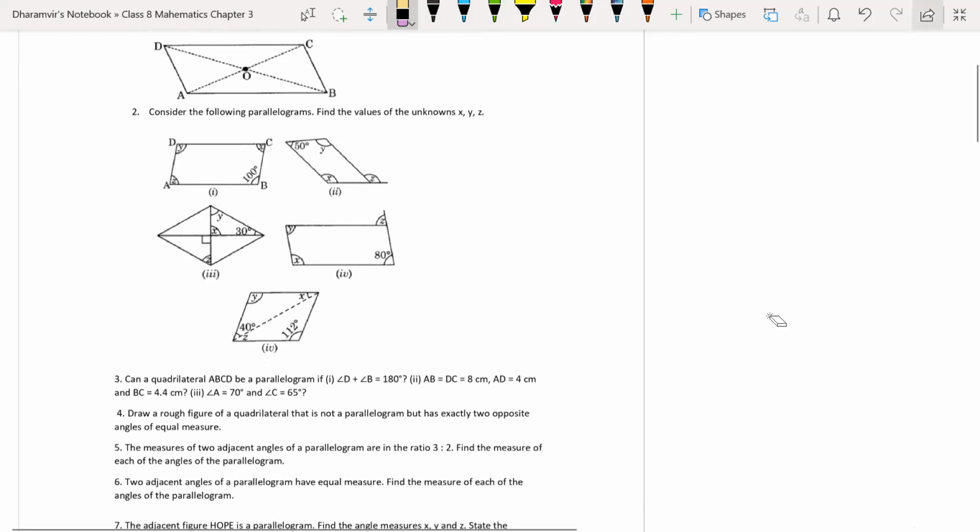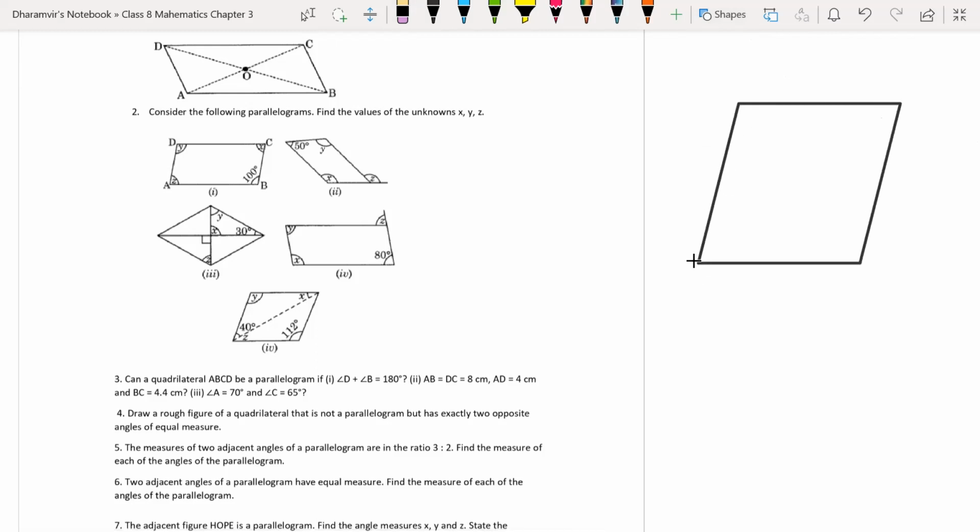First of all, let's draw a shape for the parallelogram. This is the parallelogram.